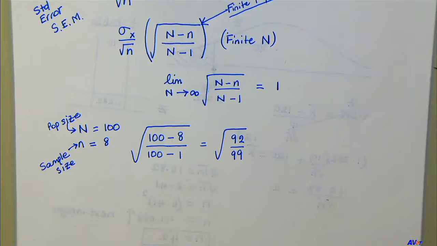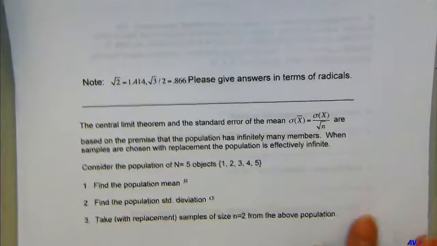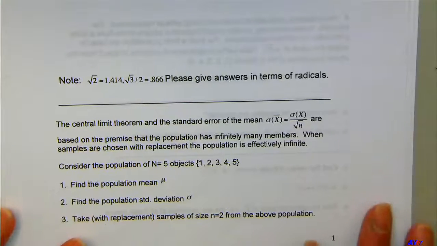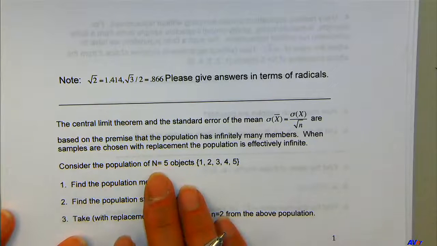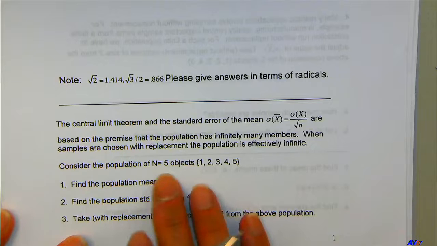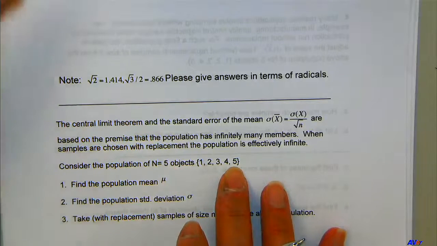So talking about the extra credit, here's the assignment. I would like you to start with 5 objects. Capital N equals 5, so that's the size of your population right here: 1, 2, 3, 4, and 5. Let's work with this right now.